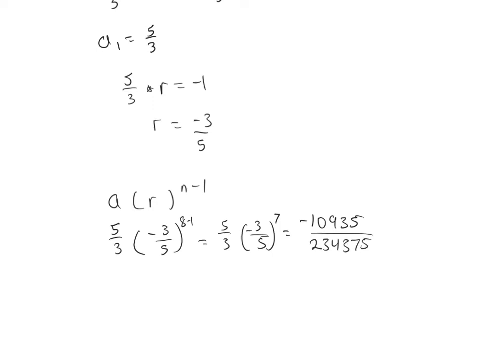234,375. And here I can tell this number is too big for my answer, so I can try to reduce this a little bit more. I know they both have 5, so I can reduce a 5 in the numerator and the denominator. So I get -2187.